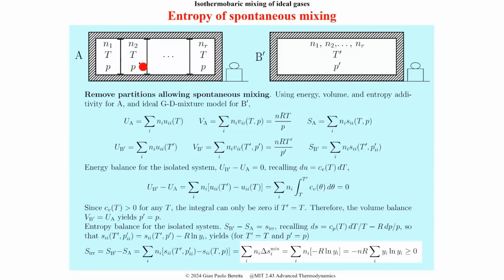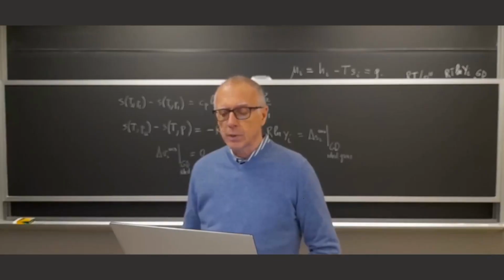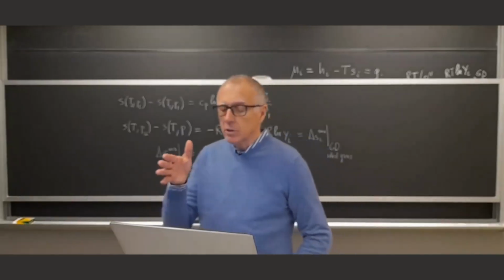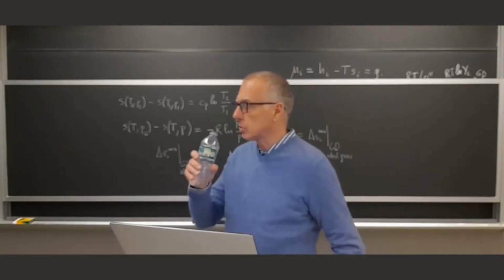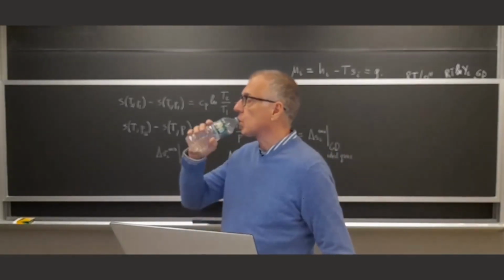And I have my r constituents all in mutual equilibrium at the same temperature and pressure, because these partitions that separate them are movable and therefore allow exchanges of volume and energy. So the conditions for mutual equilibrium are equality of temperature and equality of pressure. Then I make those moving partitions disappear.